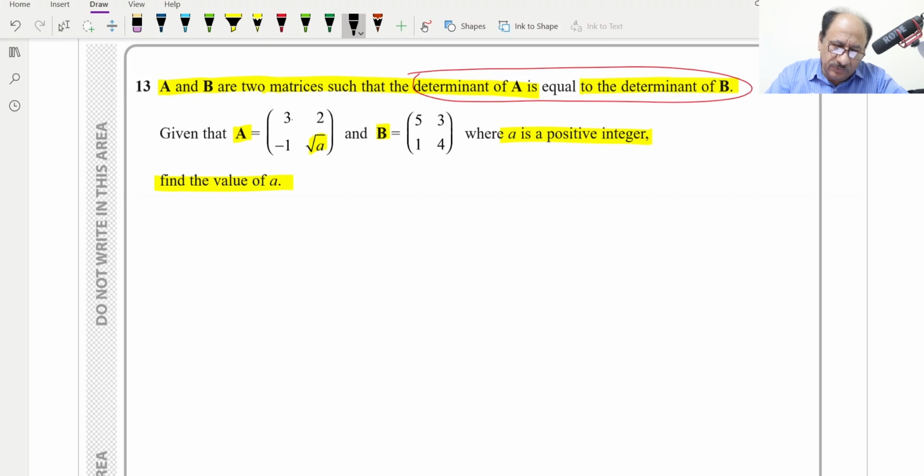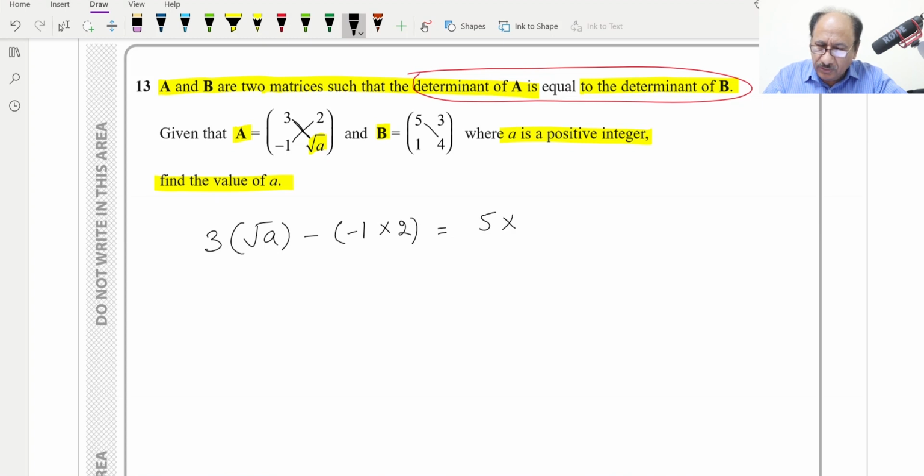So for the determinant, we write this multiplied by this minus this multiplied by this. So 3 into under root a minus 1 multiplied by 2. This will be determinant of A. Similarly, we can write determinant of B: 5 multiplied by 4, minus 1 multiplied by 3.